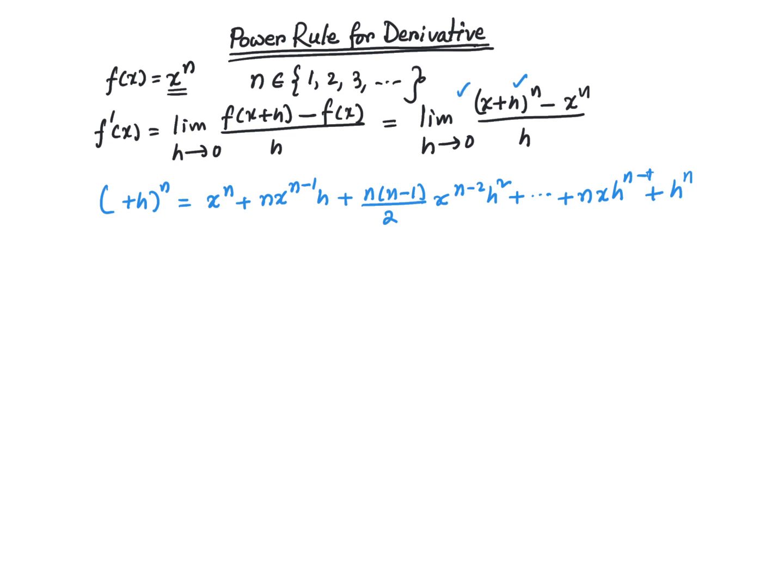However, I want to touch on these coefficients of x and h. These coefficients are nothing but combinations, written as nCk, which means the combination of k items from n distinct items. Sometimes it is also written as n choose k.